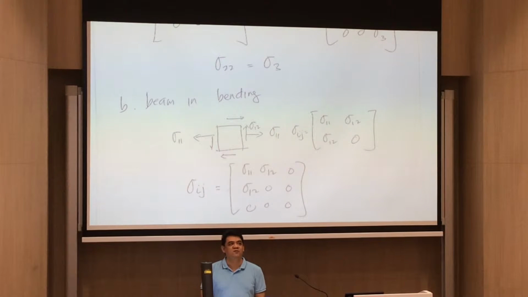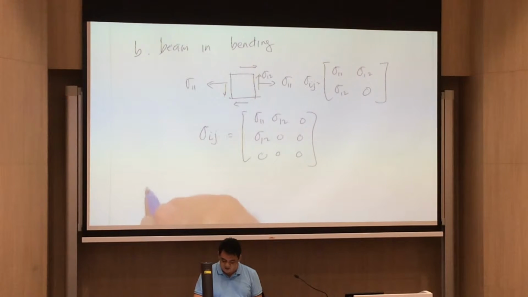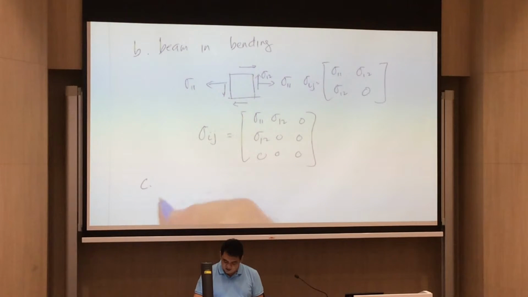Thick walled pressure vessel, meaning you have 3 stresses: sigma hoop, sigma longitudinal, and sigma radial. Sigma theta theta, sigma ZZ, and sigma RR. No shear stress. So let's have a look at the thick walled pressure vessel.